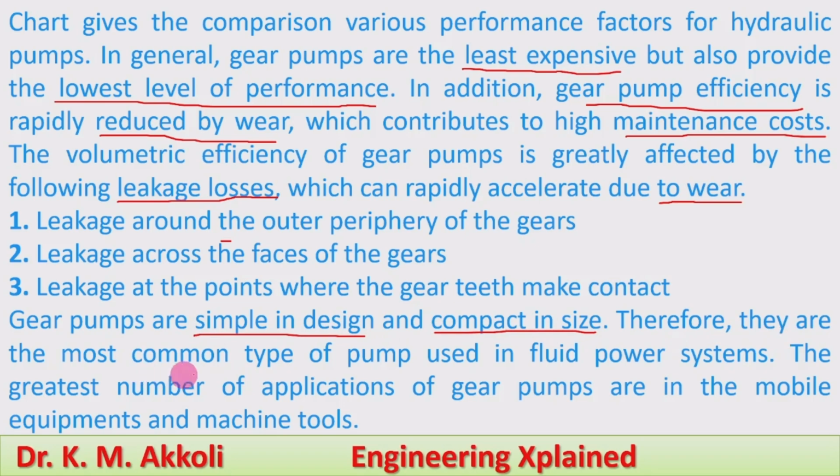Therefore, they are the most common type of pump used in fluid power systems. Even though their efficiency is low and maintenance is required, due to the compact size and simple design, they are the most common type of pumps used in fluid power systems.